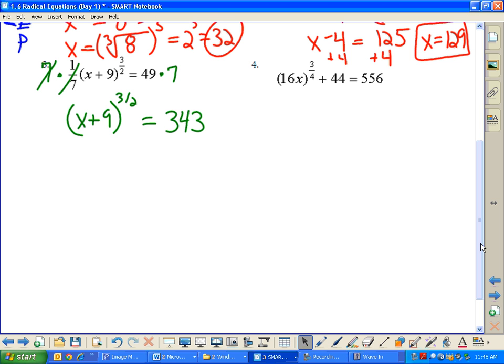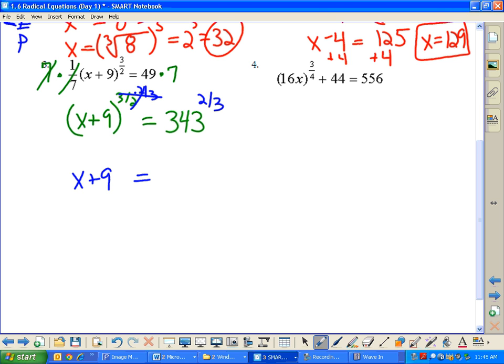Next, I need to get rid of that 3/2 that's hanging out up there. So what do I multiply that by? 2/3, and I did hear it around, so it sounds good. What you do to one side, you have to do to the other. So those go away. On the left side, we now have x plus 9.